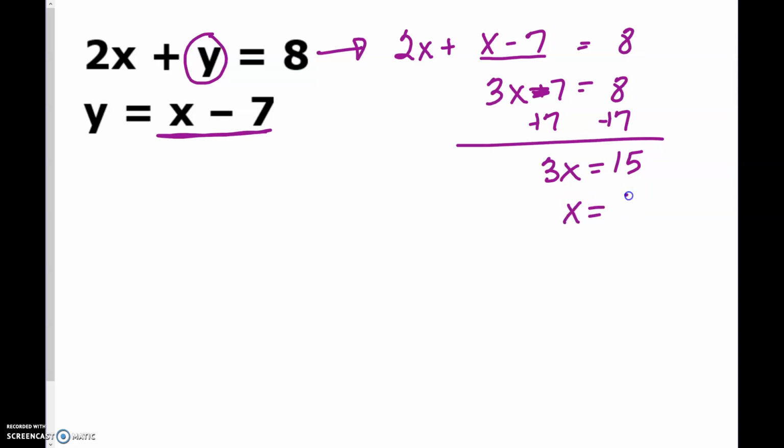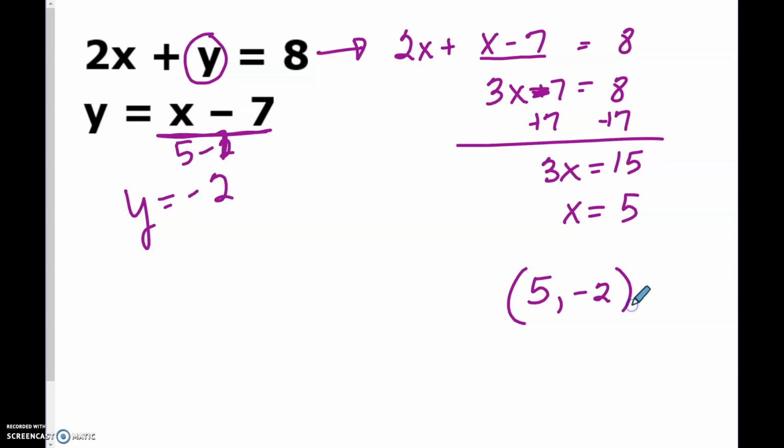We're going to divide both sides by 3. So x equals 5. So I know that ordered pair, if I were graphing it where they're meeting, is going to be 5 comma. Well, now we know x is 5, so 5 minus 7 makes y equal to -2. So they are going to meet at that ordered pair of 5, -2.